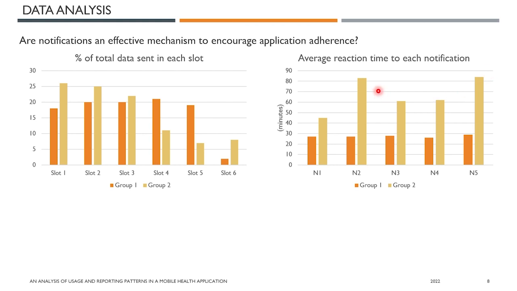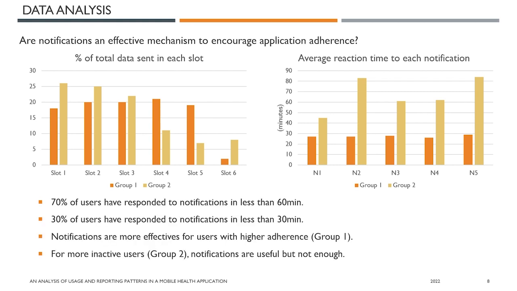With these 2 graphics, we can see the big difference in each group and the way they interact with the application. With the analysis, we can ensure that notifications are an effective mechanism. 70% of the users respond to them in less than an hour. However, the notifications are more effective for users with great adherence and are not enough for more inactive users.